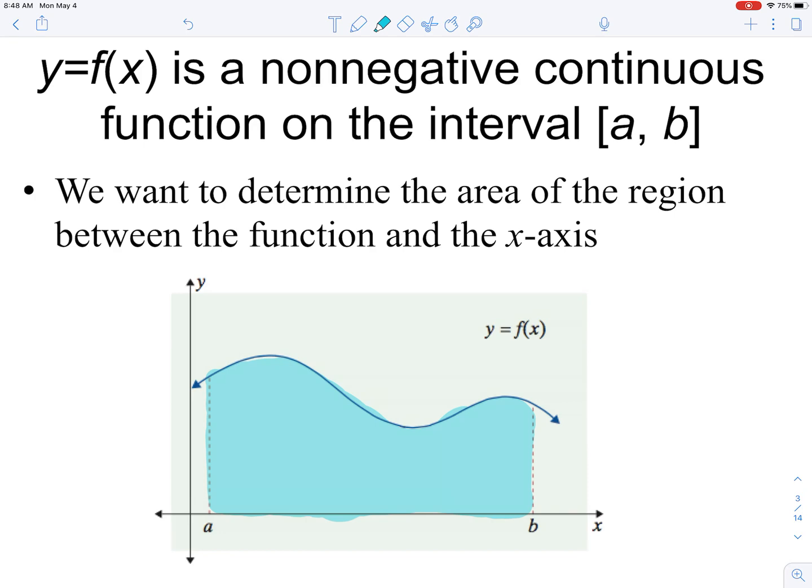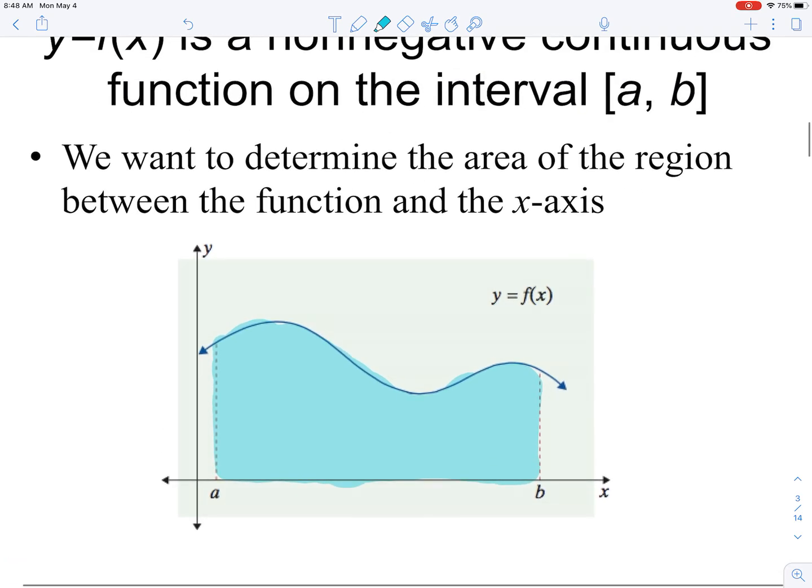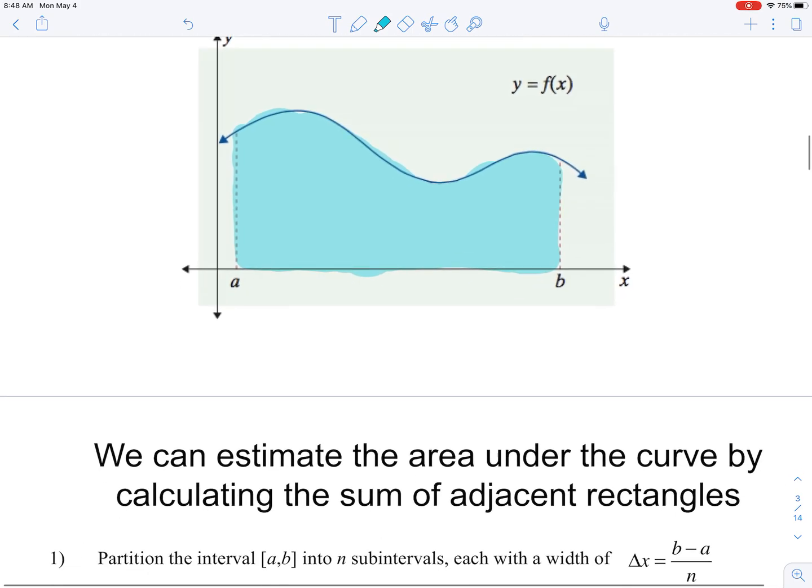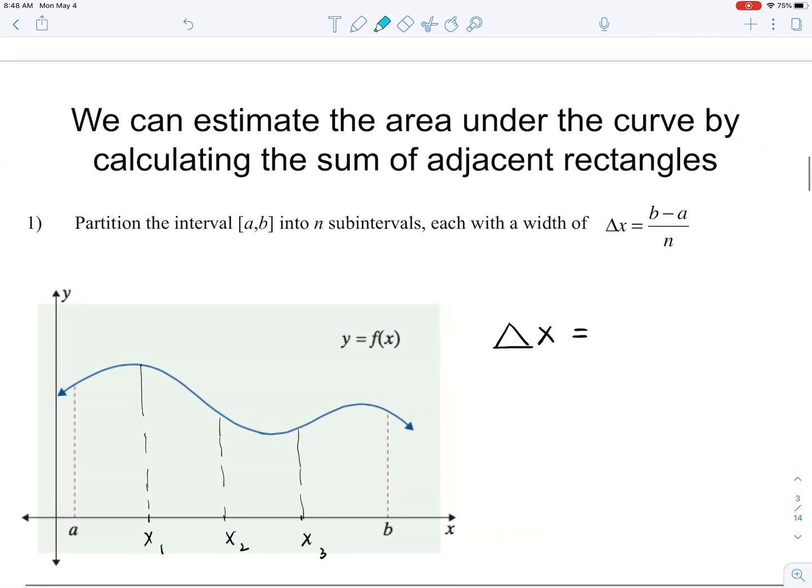So that would be from a to b, everything in here, okay?